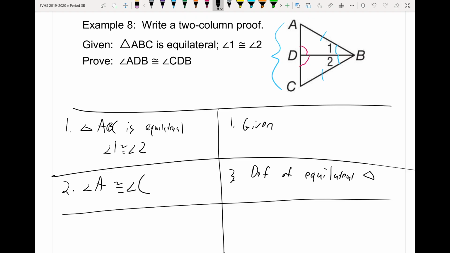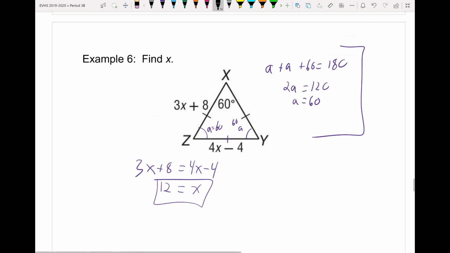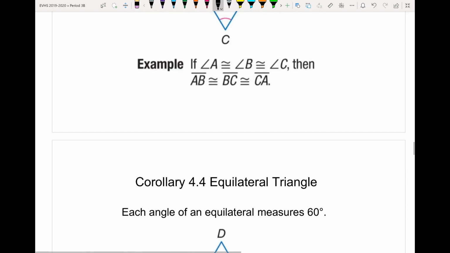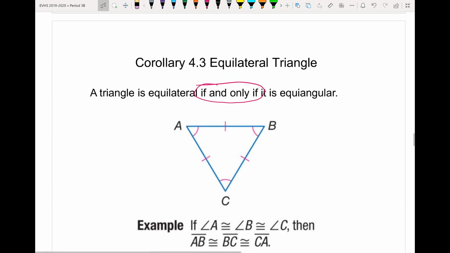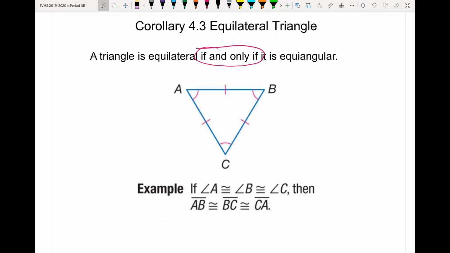So let's look back. What do we have that says an equilateral triangle's angles are equal as well? Is that corollary 4.4? Each angle measures 60 degrees. We've also got corollary 4.3, a triangle is equilateral if and only if it's equiangular. That's the one we actually need to use. It is corollary 4.3.